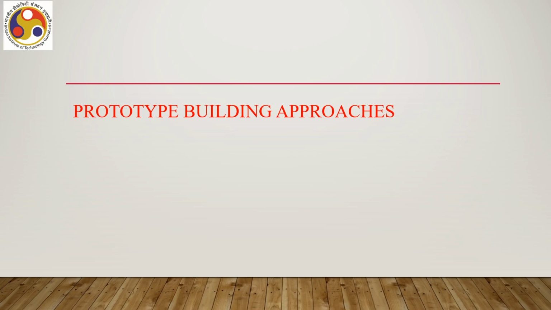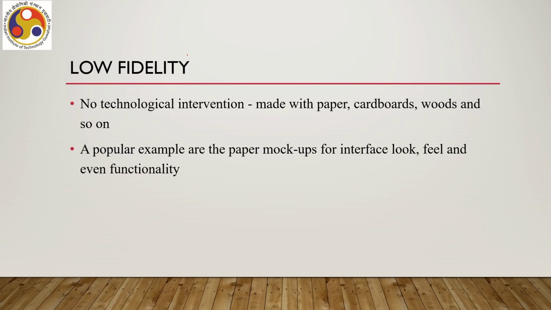Now, when we go for building a prototype, what are the different approaches that we can use? There are broadly three ways in which we can create prototypes. The first is low fidelity prototypes or creation of prototypes using a low fidelity approach.